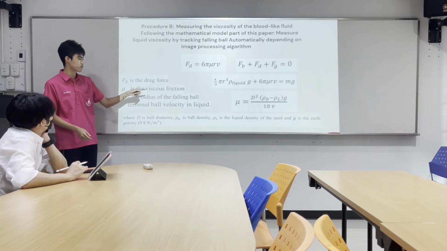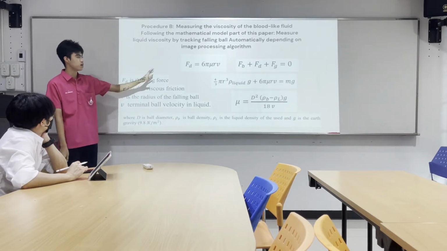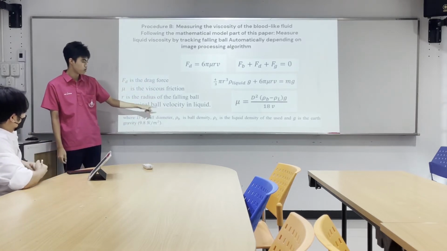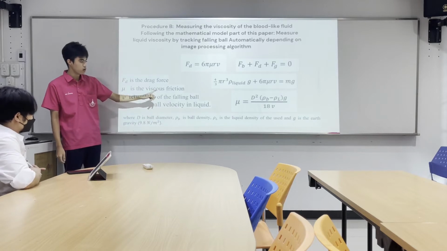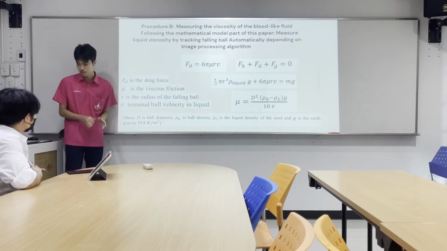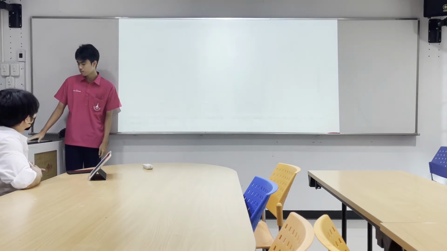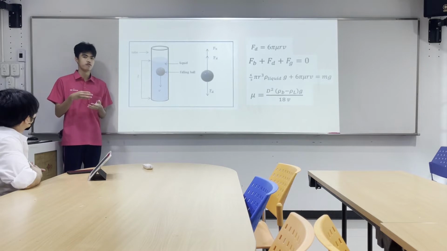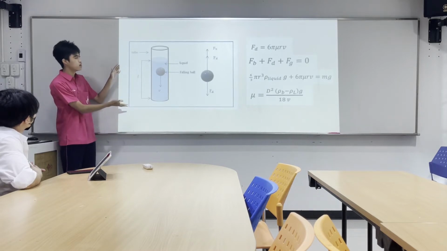It is a falling ball reaching terminal velocity in the liquid. And this is all the formula, and this one is mu. D is the ball diameter, rho_B is the ball density, rho_L is the liquid density, and g is gravity. So let's talk about this one. Okay, so I drew a free body diagram right here.